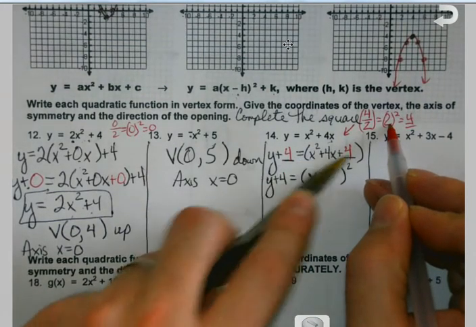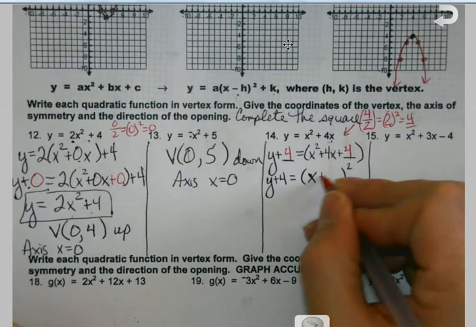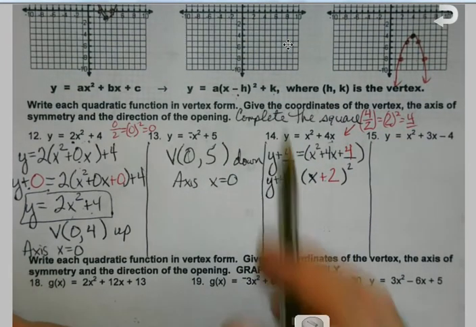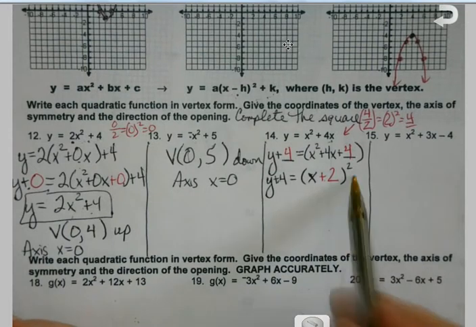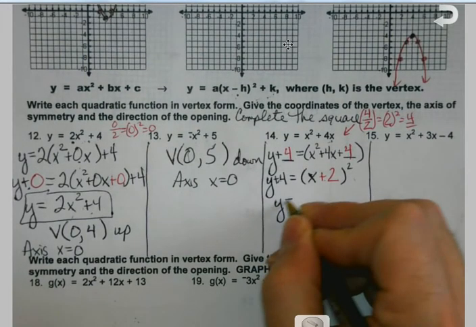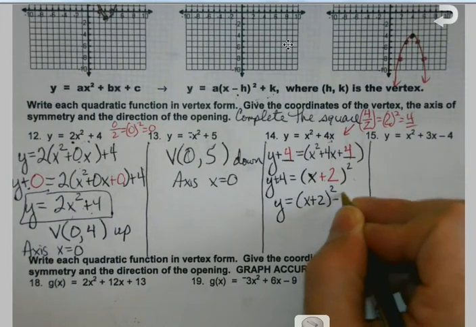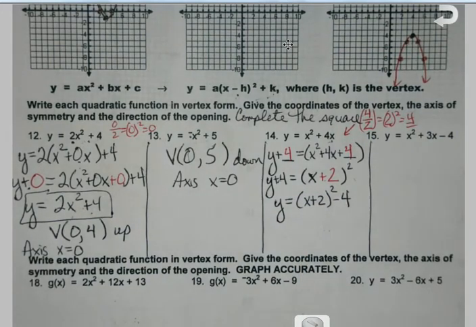Or I could factor this. But my b divided by 2 number is 2. And now to get it into vertex form, I just have to move that 4 to the other side of my equation. And this is a little more of a classic one, like the ones that we were looking at up above. But again, it's because I have that x term.